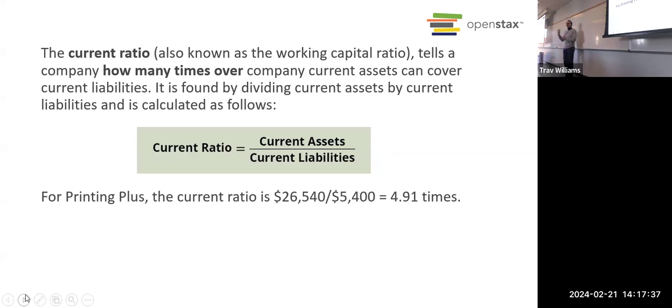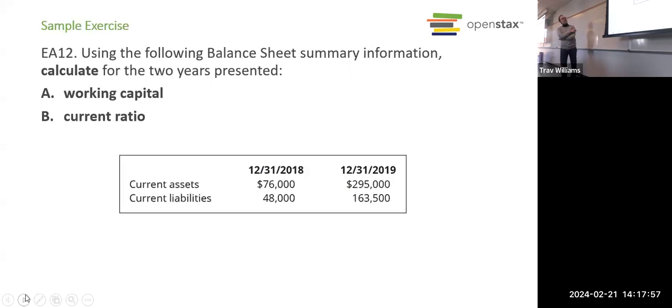You want that ratio to be as high as possible. If it were less than 1, that would be bad, because that would mean your liabilities were bigger than your assets.